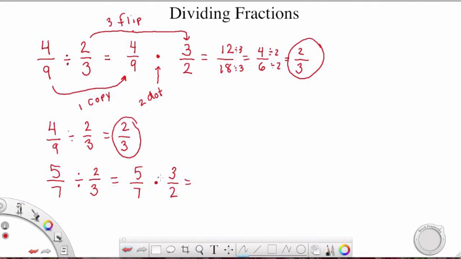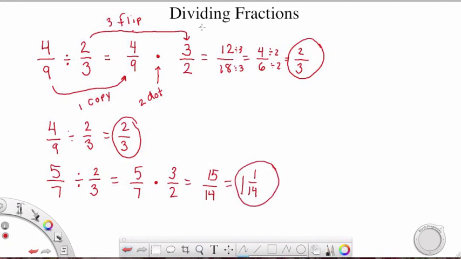And then we multiply straight through, and this is easy. 5 times 3 is 15, and 7 times 2 is 14. And hey, this is an improper fraction, and we can't reduce it at all. There's no common factors, but we have to change this improper fraction to a mixed number. 14 goes into 15 once, and I have 1/14 left over, and there's our final answer.